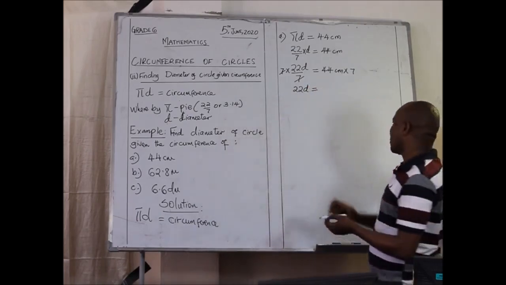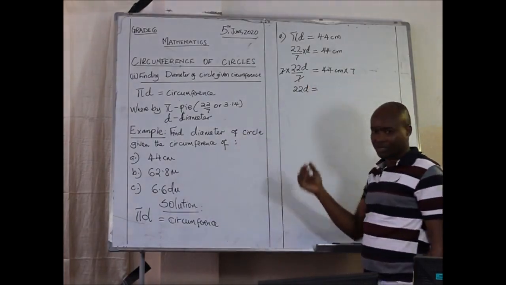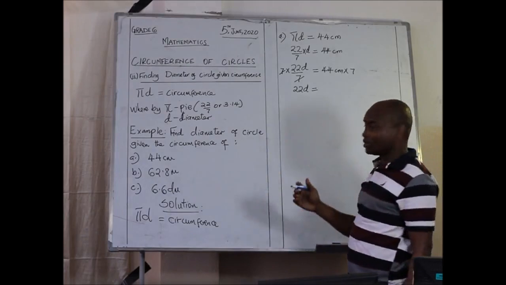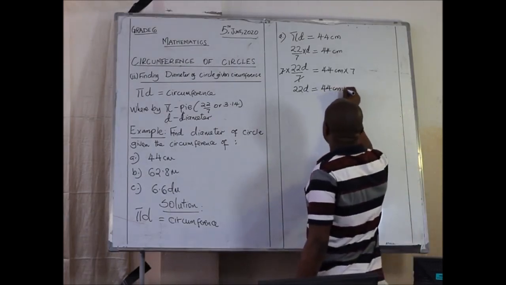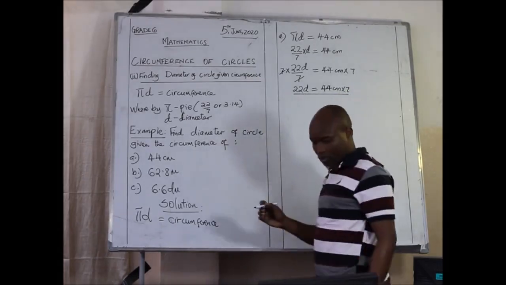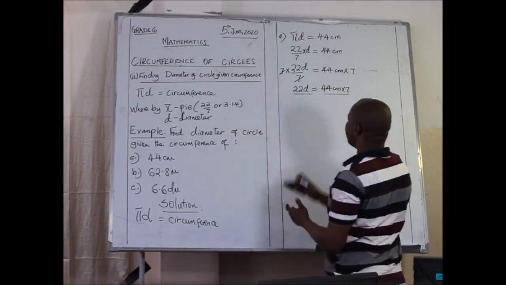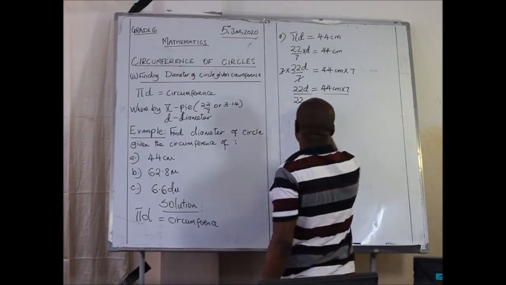No need of multiplying it out; that is a waste of time, and in mathematics you have to go with the time. So I'll just say 44 centimeters multiplied by 7. Thereafter, I'll divide both sides by 22 in order to get the value of d.